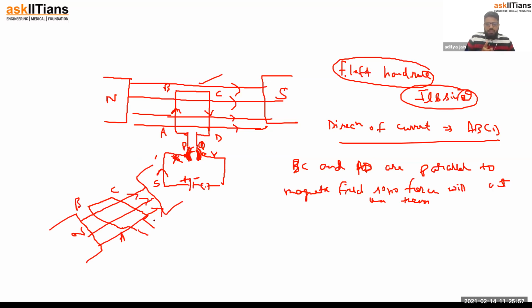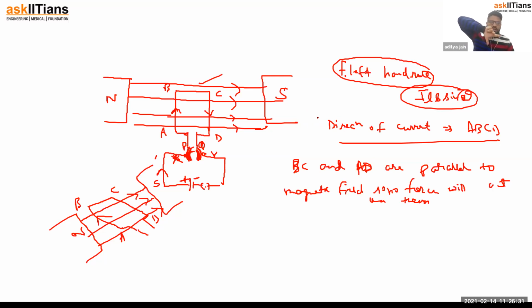This is A, B, C, D. Now you can see the direction is like this. What is that left hand rule? FBI: force, magnetic field, current. The direction of magnetic field is like this from north to south pole, and the direction of current is like this.